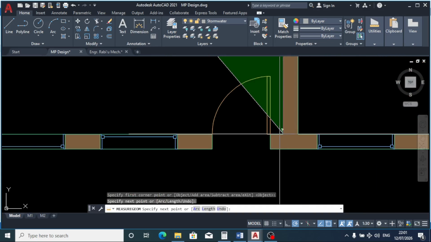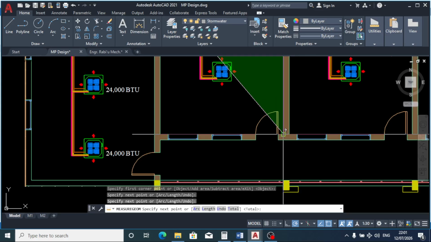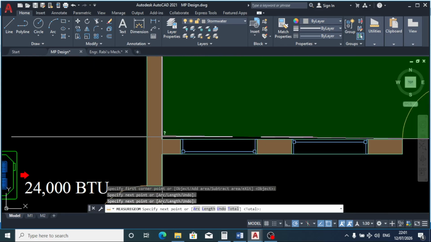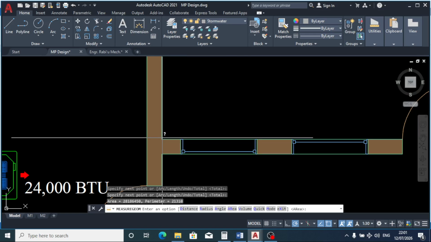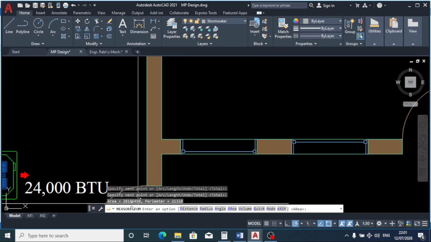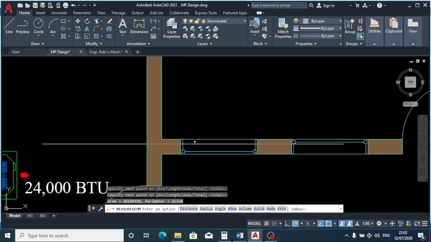So this rule of thumb will help us save a lot of time, though it has its own limitations. The floor area for this classroom is 28.186. Let's leave it as 28.19 meters squared.